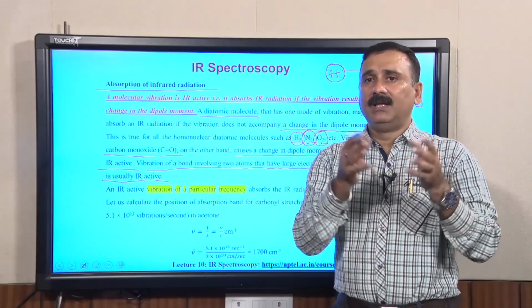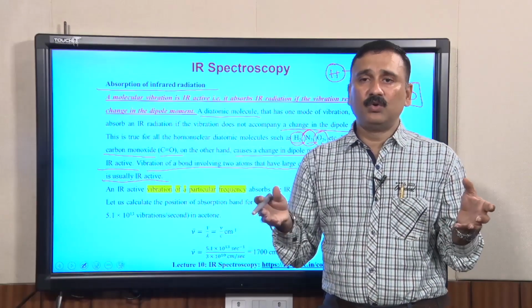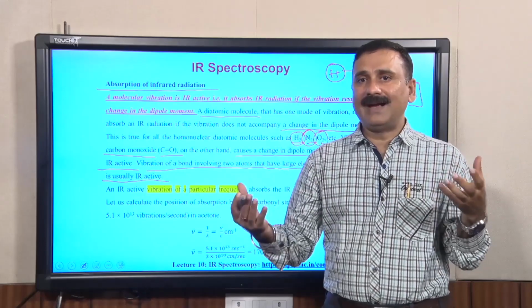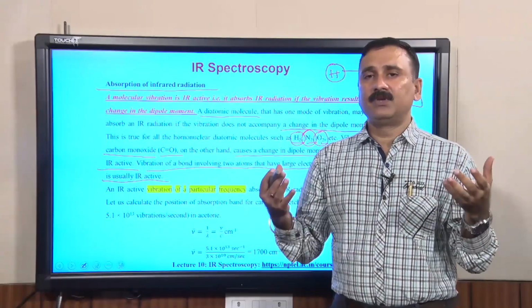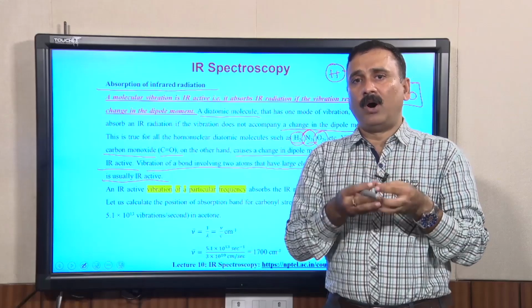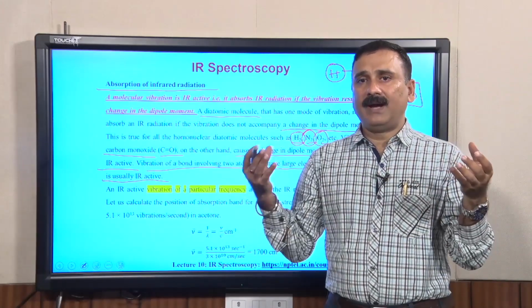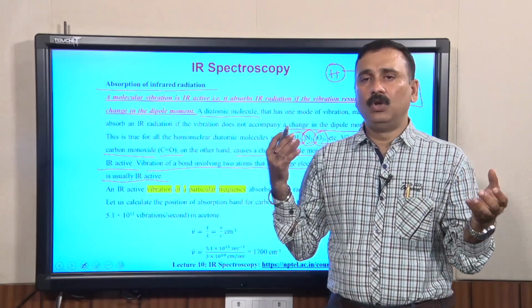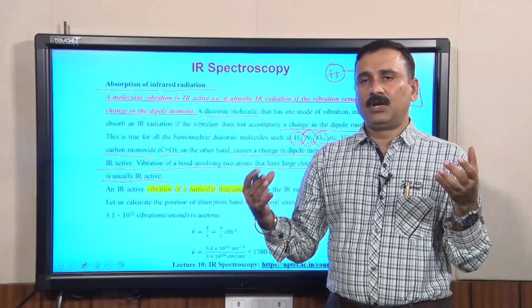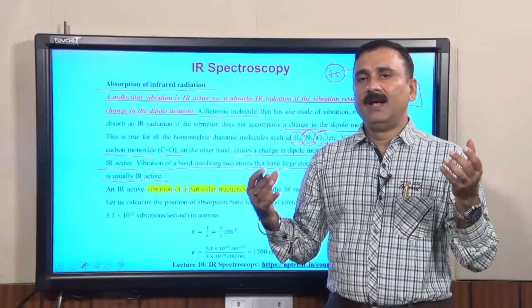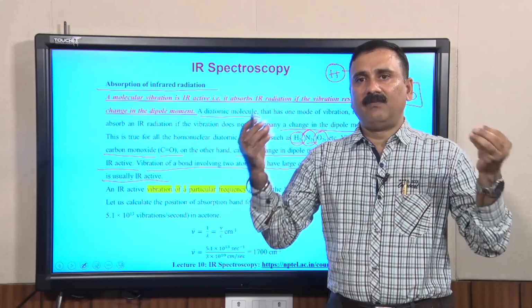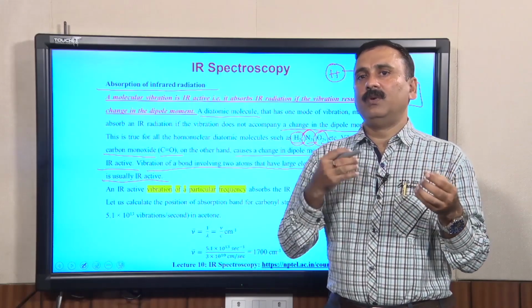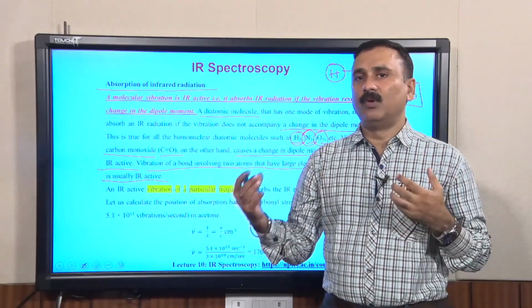It should be a diatomic molecule, which means it should contain two atoms, connected through a bond, and those two atoms should have a very large electronegativity difference, which means that when they vibrate, they are going to generate a change in the dipole moment.